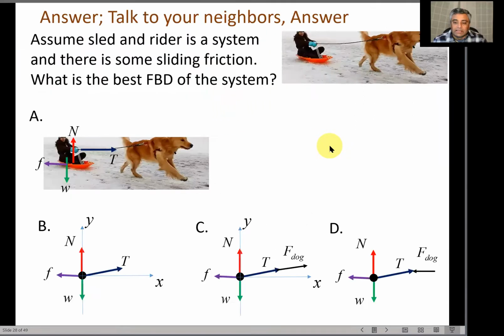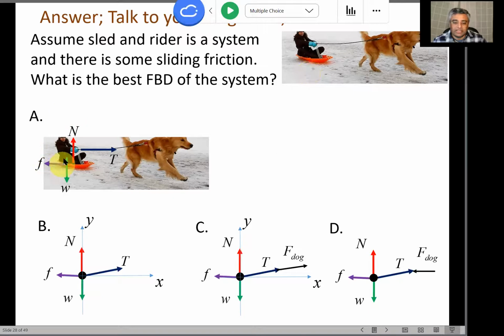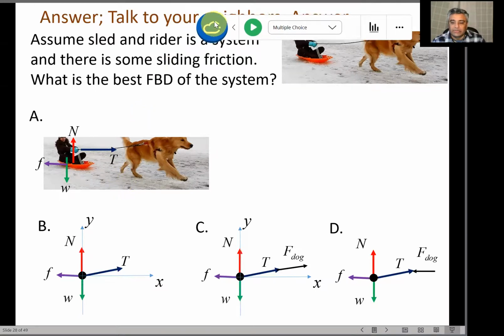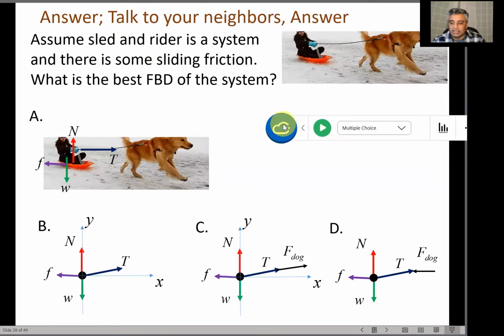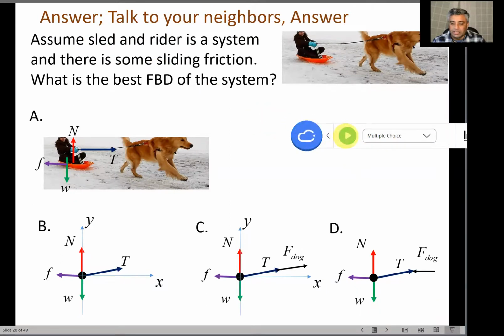So one more here. How about a free body diagram of the system? The system consists of the sled and the person. Think about replacing the sled and person, both, by a dot, and then draw the free body diagram. Which one do you think will best represent it? You have a minute to answer this question.